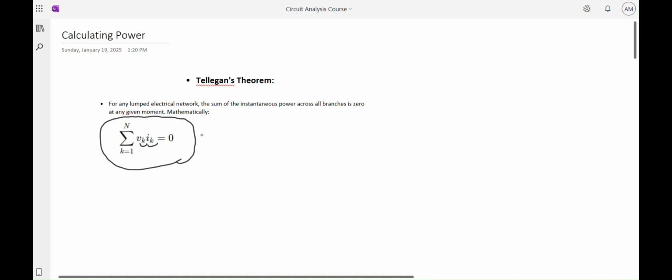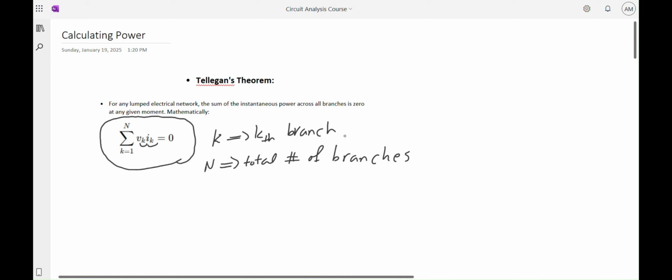In this formula, n is the total number of branches in a given circuit, and k is just the kth branch in that circuit.